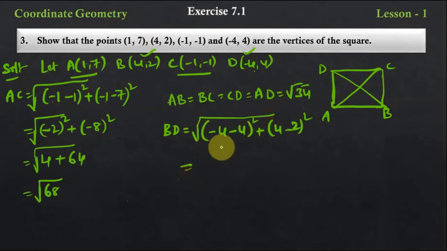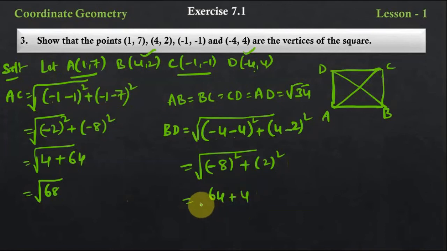So minus 4, total minus 8 whole square, plus 4 minus 2 is 2 square. So this will become minus 8 whole square is 64, plus 2 square is again 4, under root.